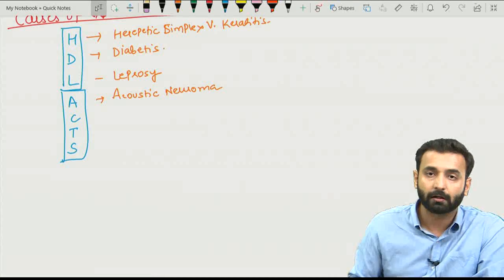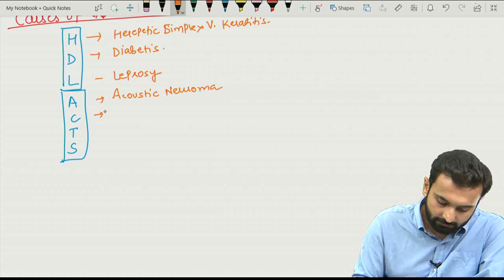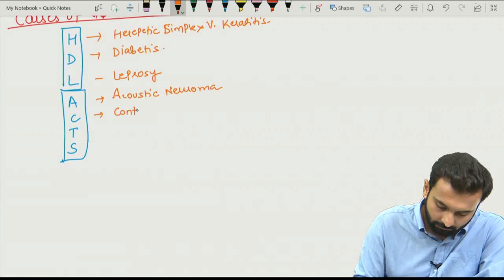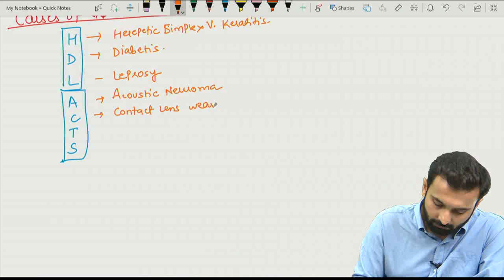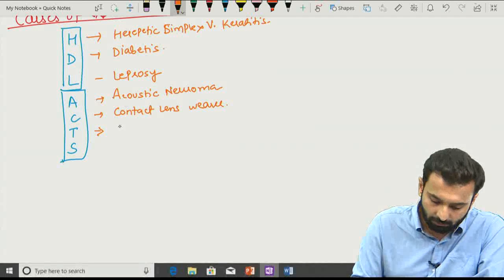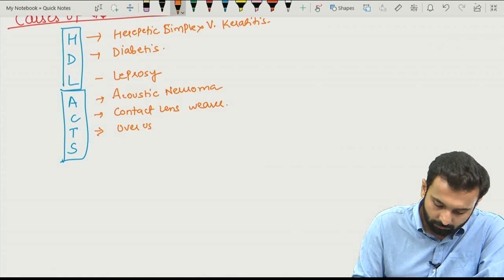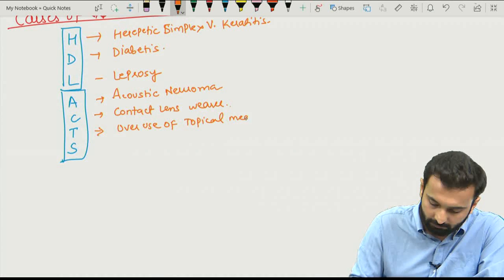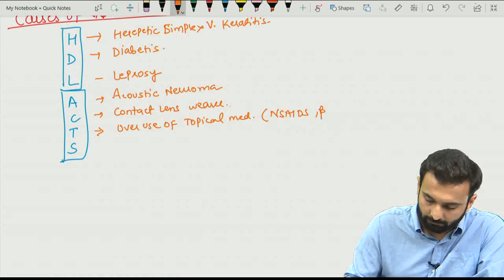A stands for acoustic neuroma, C stands for contact lens wearer, T stands for overuse of topical medications like NSAIDs and beta blockers.